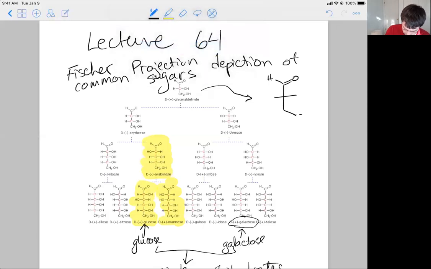Okay. So the most rigorous Fischer projection depiction would be shown in this way for D-glyceraldehyde, where we have our central carbon atom.